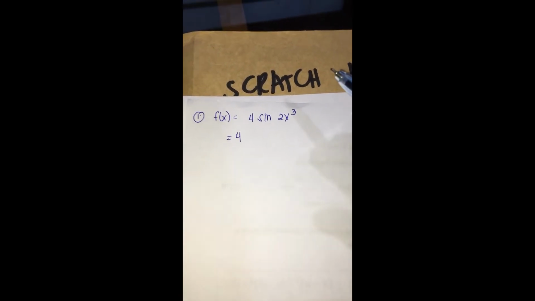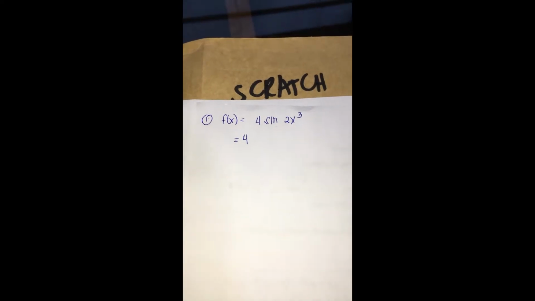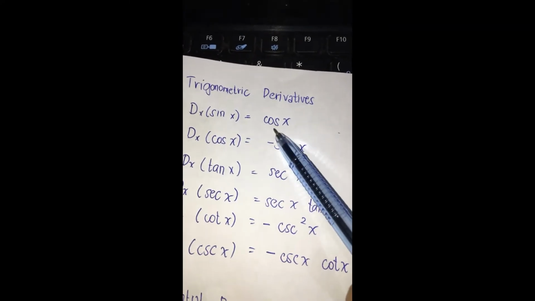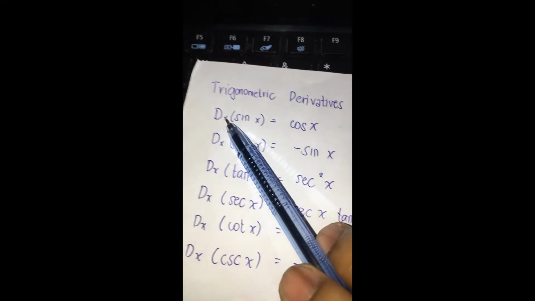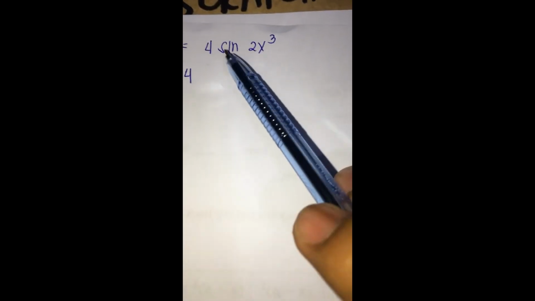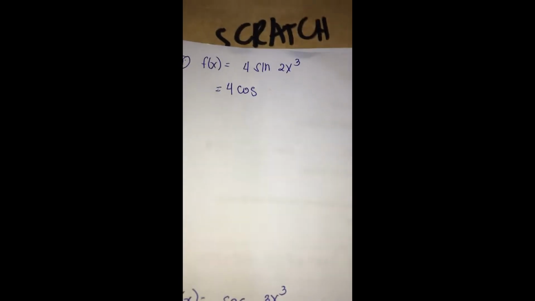The given trigonometric function is sine. Now, what is the derivative of sine? The derivative of sine is cos, right? Sine x, cos x, just copy the base. Here, the derivative of sine is cos. Cos, then copy the base, 2x cubed.